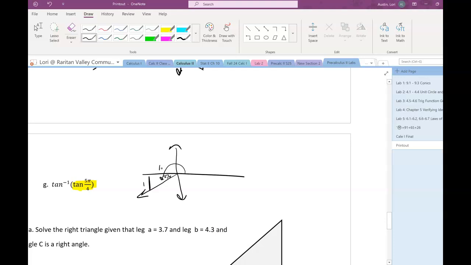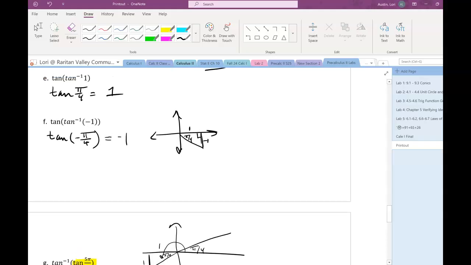So it ends up being tan inverse of 1, because tan of 5 pi over 4 is 1. But tan inverse of 1, because we are now working with the restricted domain, puts you back in quadrant 1's pi over 4. So that equals pi over 4.